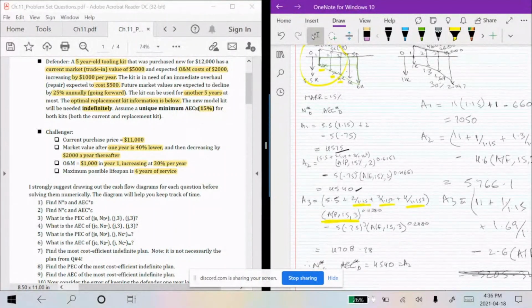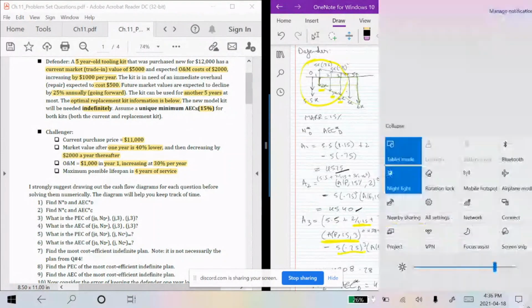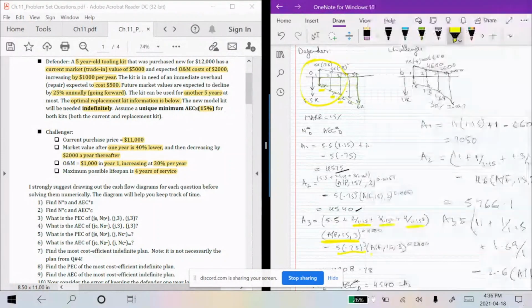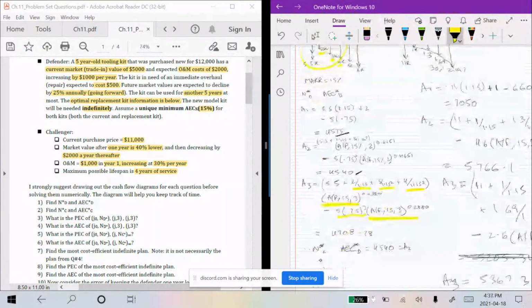Similarly for the salvage value in the third period: 5K into 0.75 cube, and you annualize that. You use these factor values and calculate it. This is what you get.